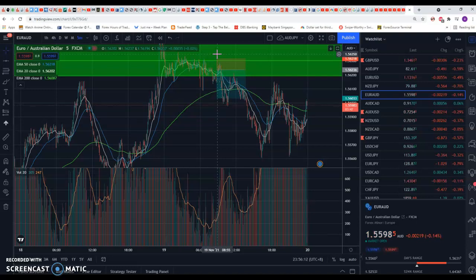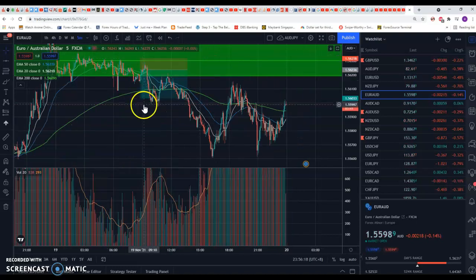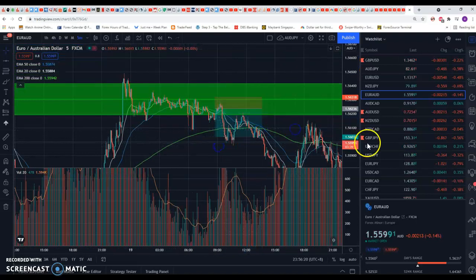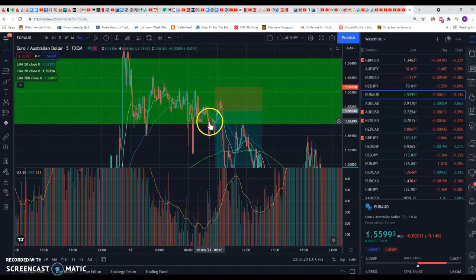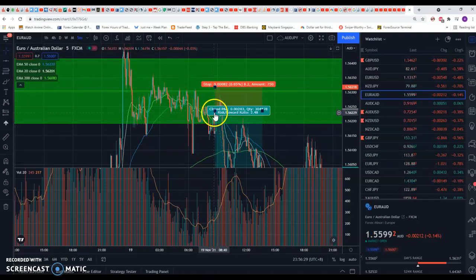Or when the trade goes against you, you'll know that the trade doesn't perform. So even though the price over here is far away from here, sometimes it's okay to let it go.